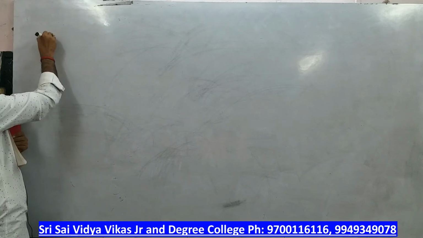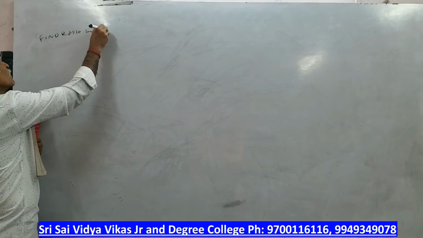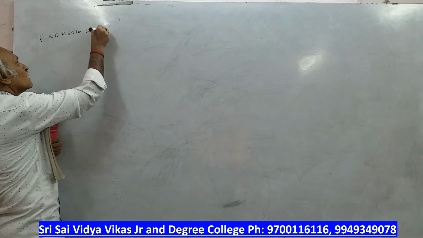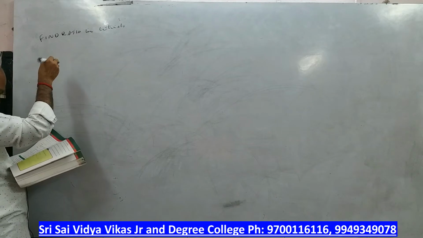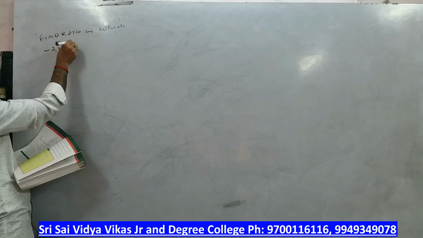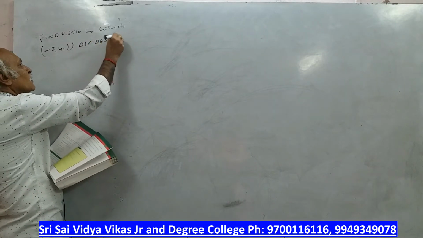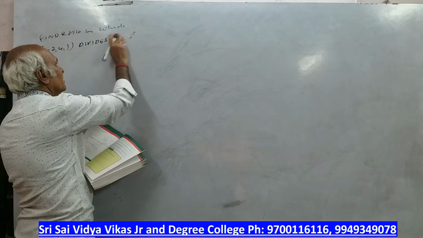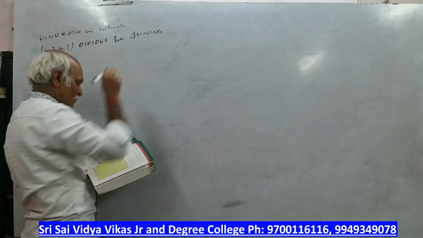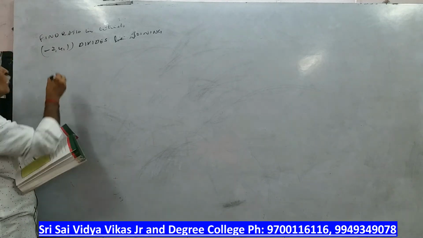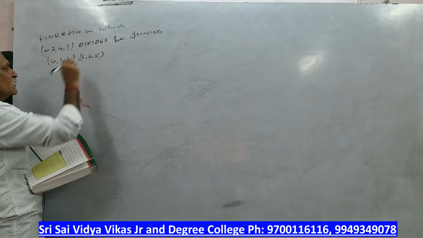Find the ratio in which the point minus 2 comma 4 comma 1 divides the line segment joining 4 comma 1 comma 1 and 6 comma 2 comma 5.